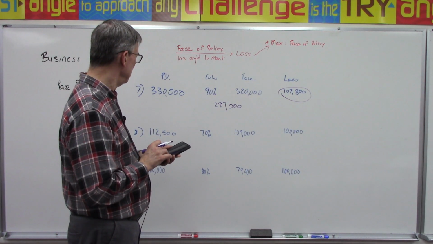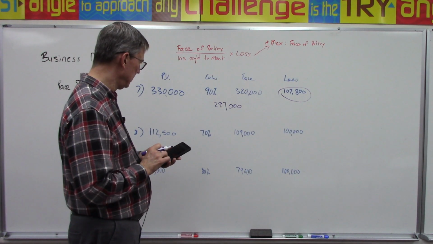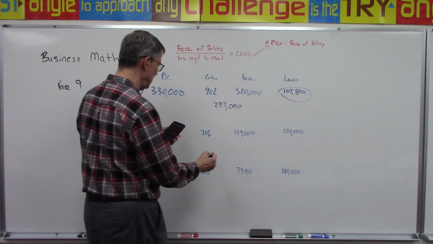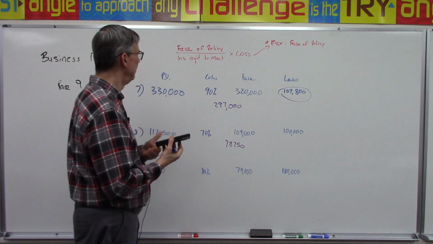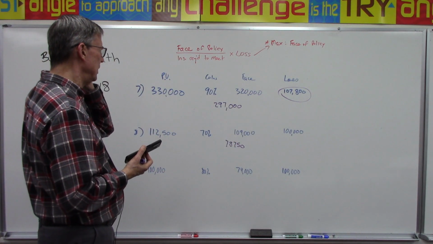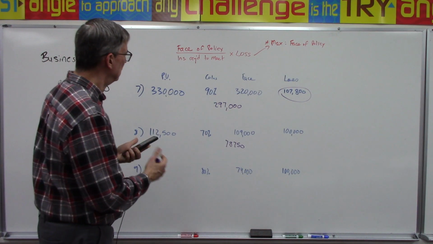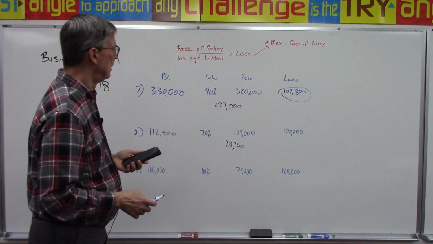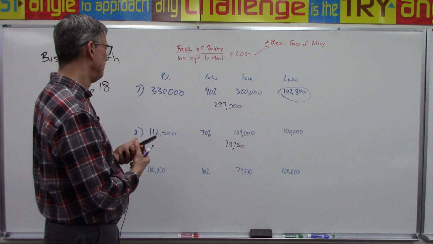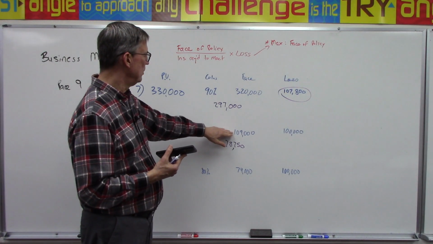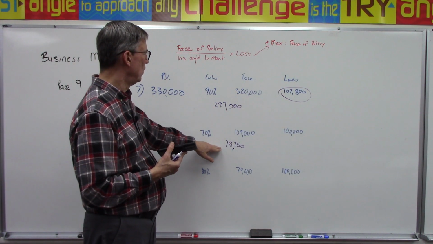112,000 is the value. 500 times 0.7, so 78,000. $750 is the insurance required to meet. The face value of the property is more than that insurance required to meet.